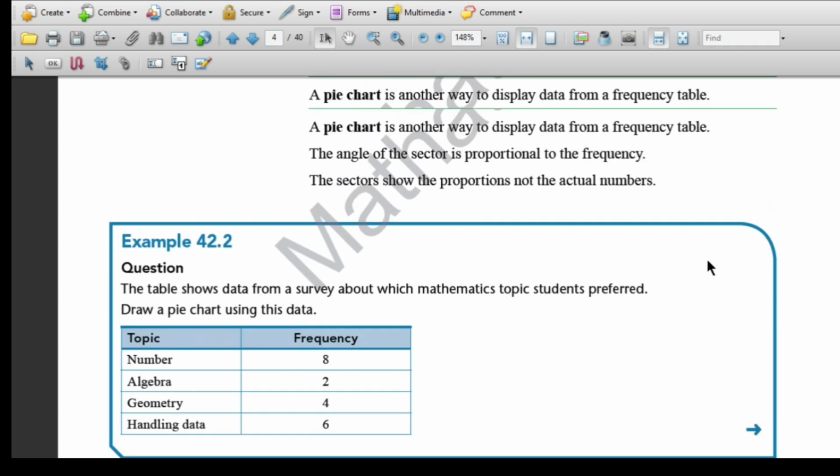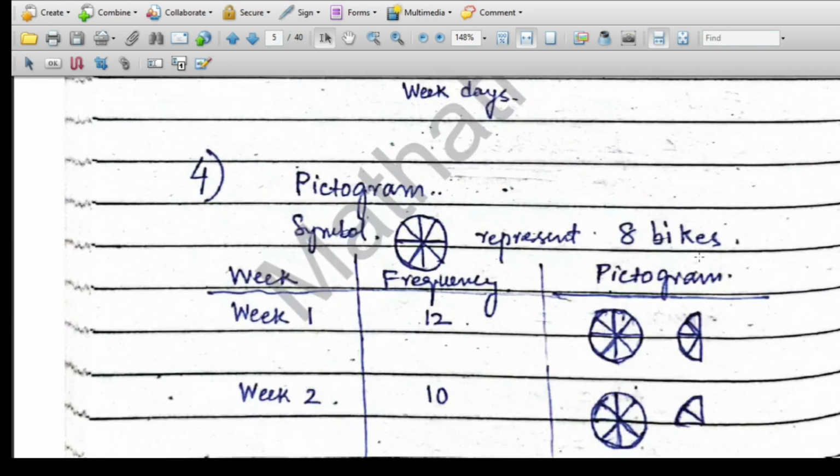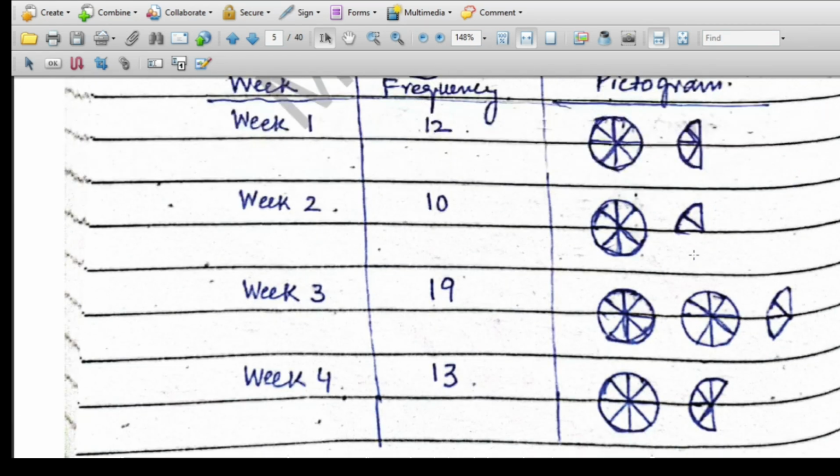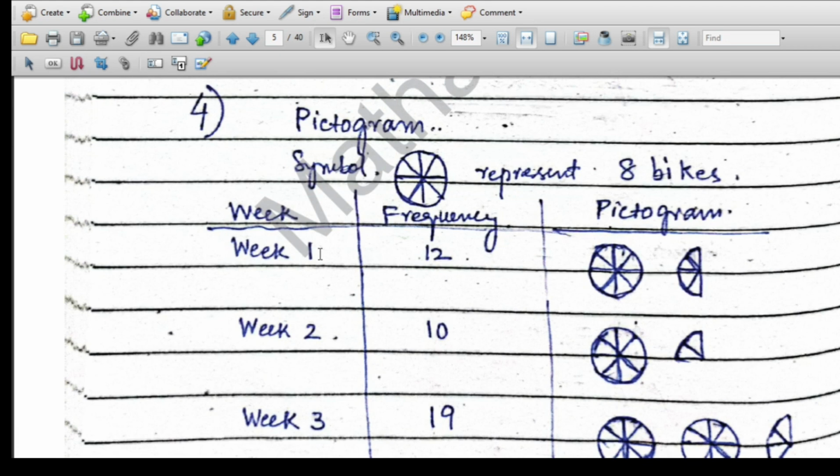So we will show this in question number 4. In week 1, 12 bikes were sold. In a pictogram, this is a complete circle with 8 sectors and a half circle with 4 sectors. So this is 8 plus 4, which is 12. In week 2, 10 bikes were sold.